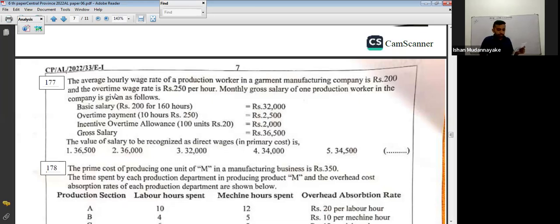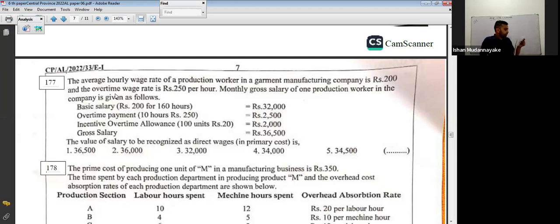In overtime, the business pays a premium of 50 rupees to the employee. That premium you need to transfer to overhead cost. You can't recognize that premium as direct cost. Monthly gross salary of one production worker in the company is given as follows: basic salary 200 for 160 hours, 32,000.